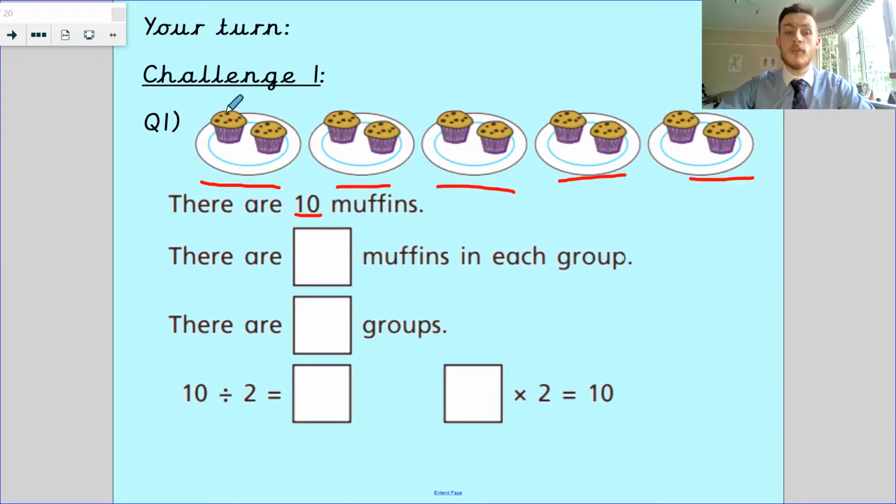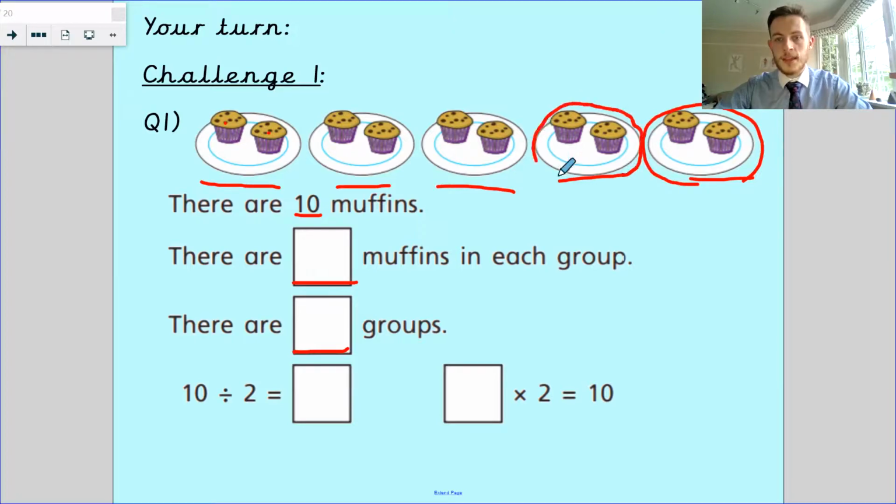So how many muffins do you have in each group? That goes in that question there. There are how many groups? So there's all my underlines to show that those are a group. You can see the plates are a group. So how many groups have you got there?